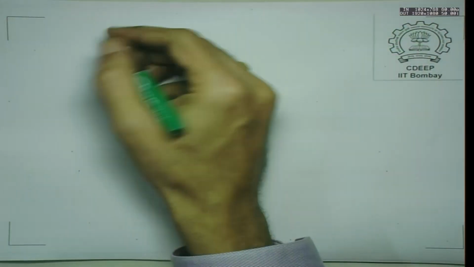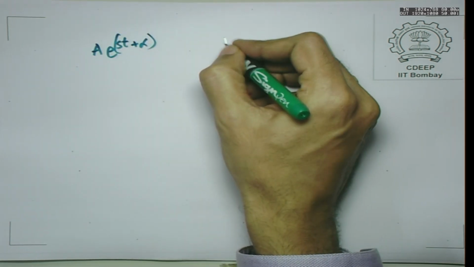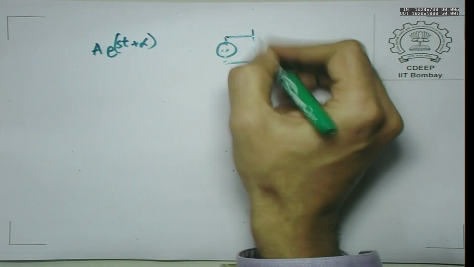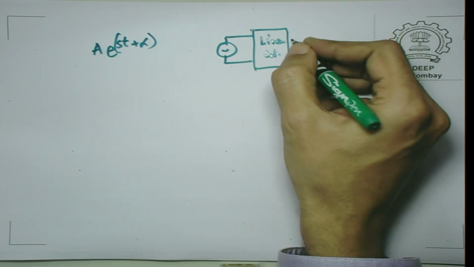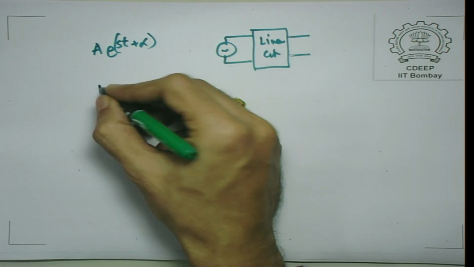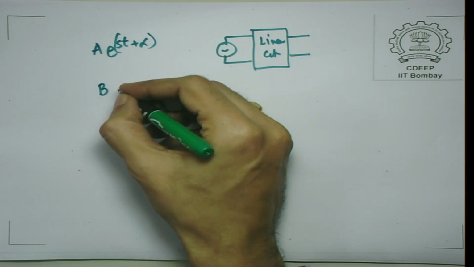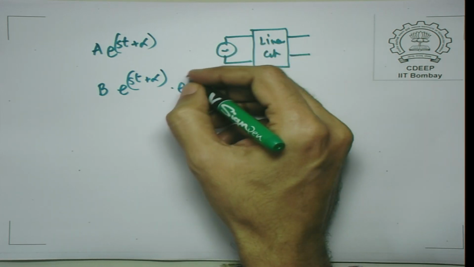Just to make this more clear, let us look at this simple analysis. If you have e raised to st plus alpha as an input, let us say a voltage input given to a linear circuit, and you measure the voltages and currents at some point in the circuit, the output is also some b e raised to st plus alpha into e raised to some other phi.